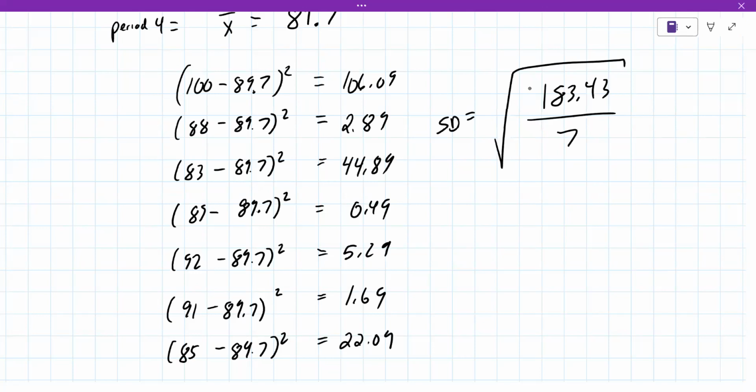I got 5.12. You might want to ask your teacher about rounding, say, hey, will you tell us what to round to? So on and so on.